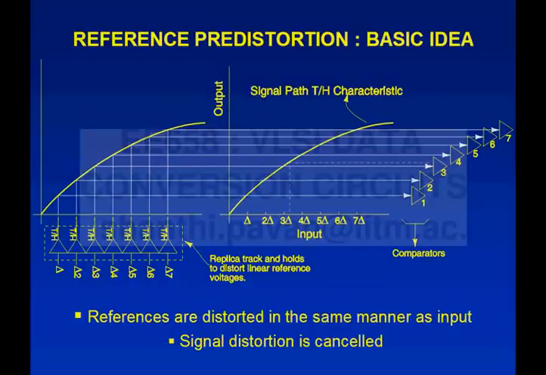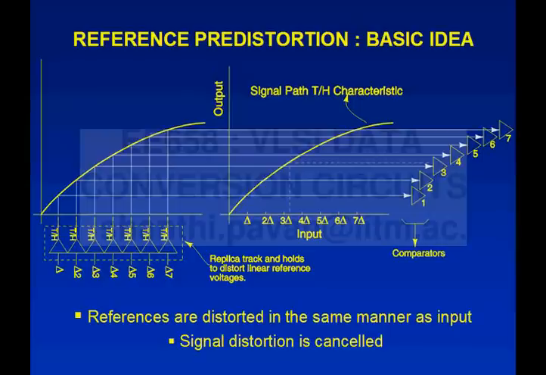The reference should go through the same kind of nonlinearity as the signal. So one way of generating the references would be to take the linear references and pass them through identical track and holds, and in this you exploit matching, because the transistors on a chip could all be lousy, but if you built 100 of them, they would all be equally lousy. So if I built 7 identical track and holds, they would all be just as bad.